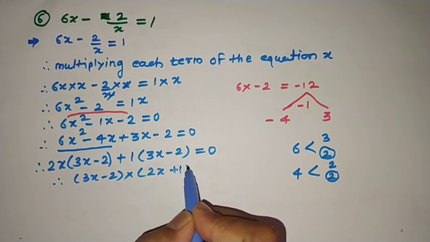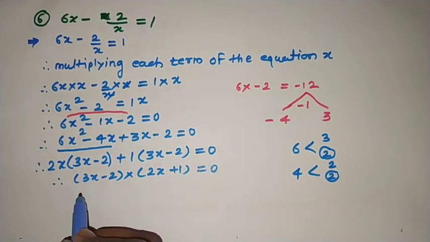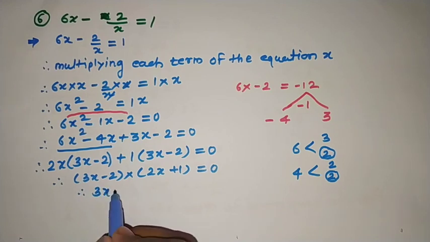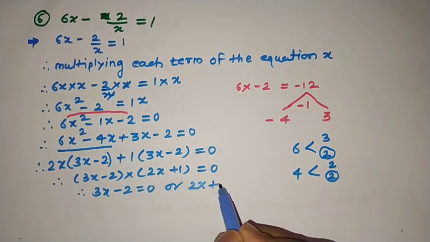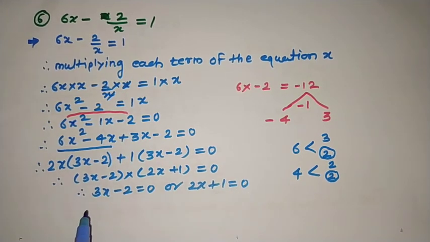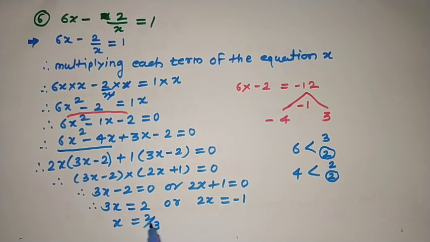Therefore 3x minus 2 is equal to 0 or 2x plus 1 is equal to 0. 3x is equal to plus 2 or 2x is equal to minus 1. x is equal to 2 upon 3 or x is equal to minus 1 upon 2.